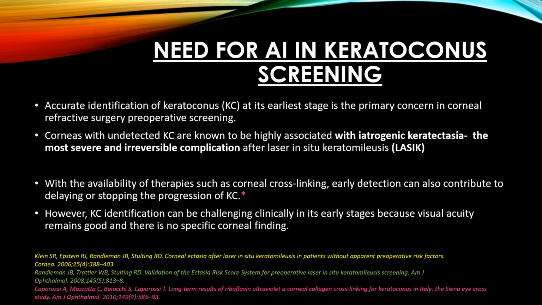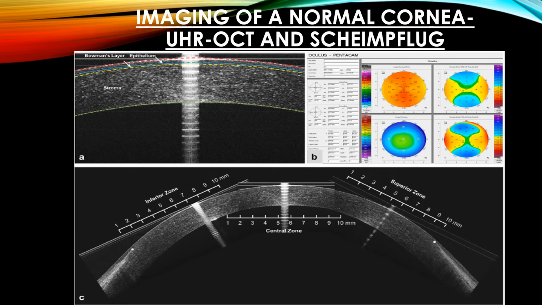However, keratoconus identification can be challenging clinically in its earlier stages because visual acuity at this stage remains good and there is no specific clinical corneal finding. So here is where AI comes to our aid, because here we are imaging a normal cornea.